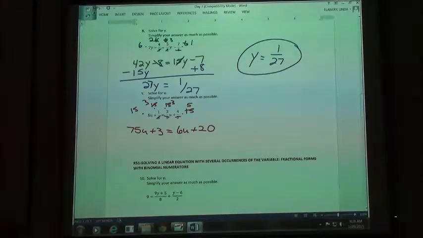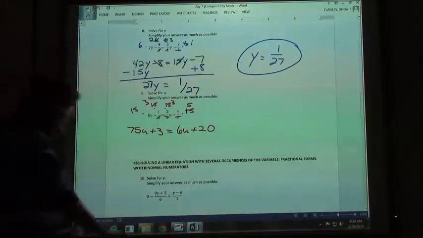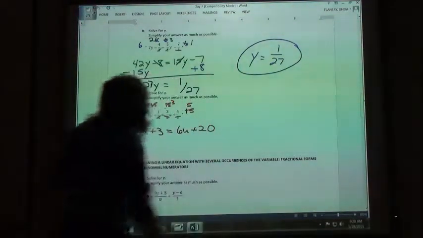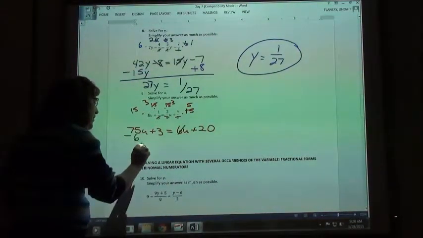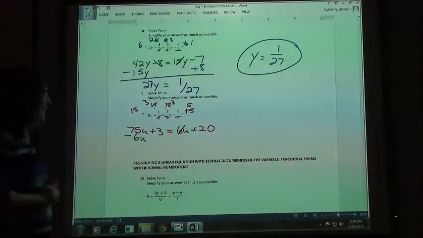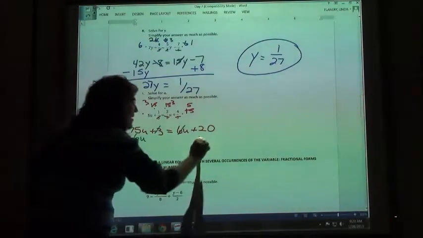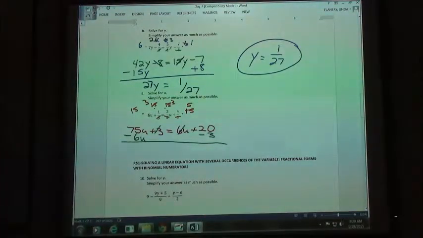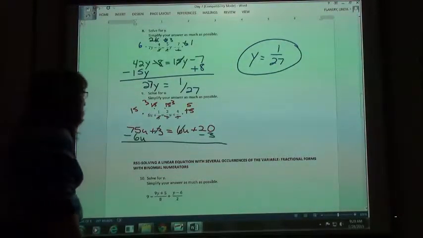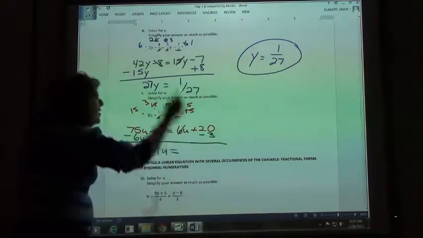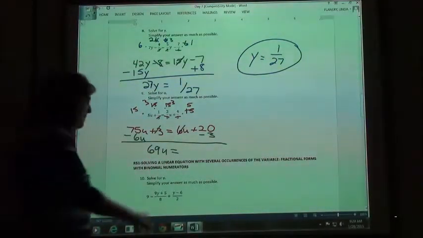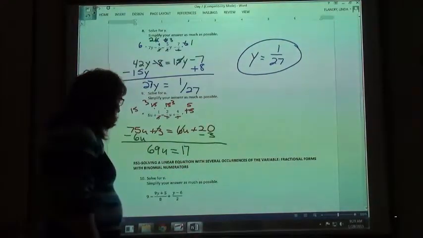So if I'm going to solve that for u, the next thing I want to do is minus the 6u to move it over here, and minus the 3 to move it over there. So 75 minus 6 is 69u. 20 minus 3 is 17.